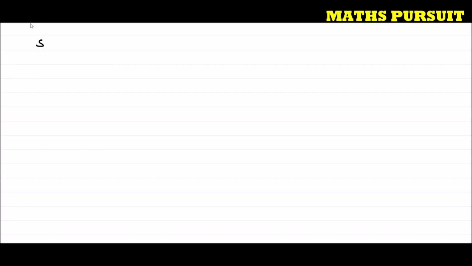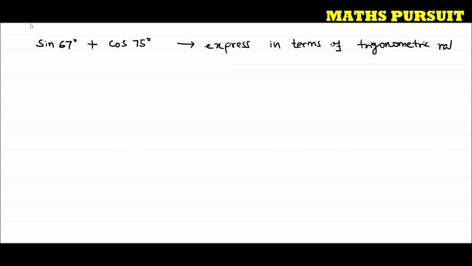Here the question has given us sine 67 degree plus cos 75 degree and asked us to express this in terms of trigonometric ratios of angles between 0 degree and 45 degree.